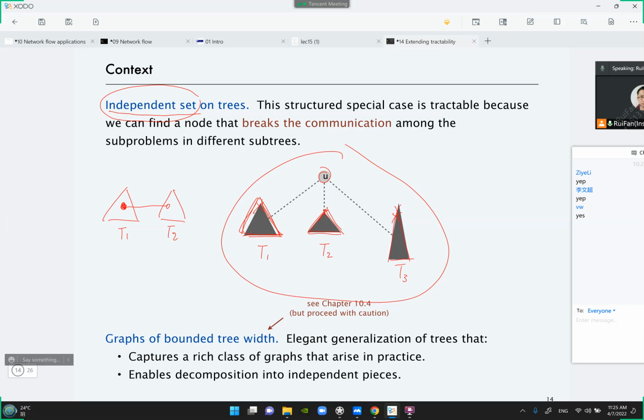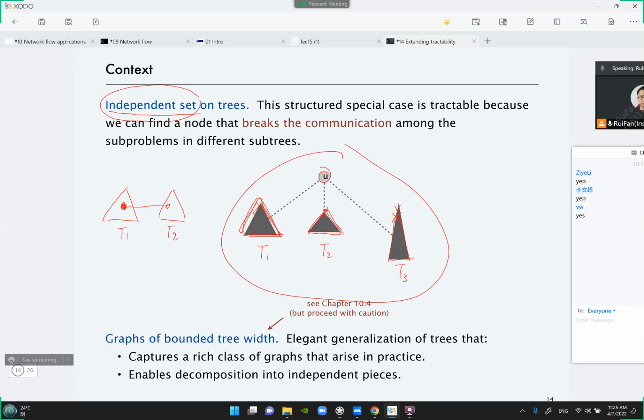Many graph problems have this property. So anytime you encounter a problem with this property, that you can solve disconnected subgraphs independently, then as long as you work in trees, you can solve that problem efficiently.